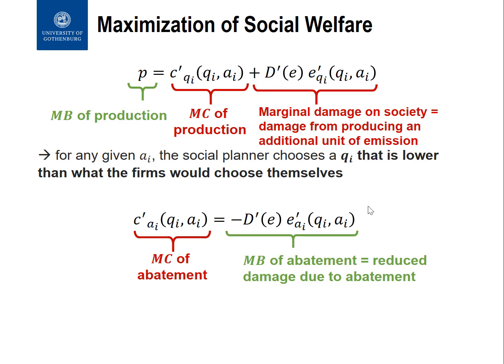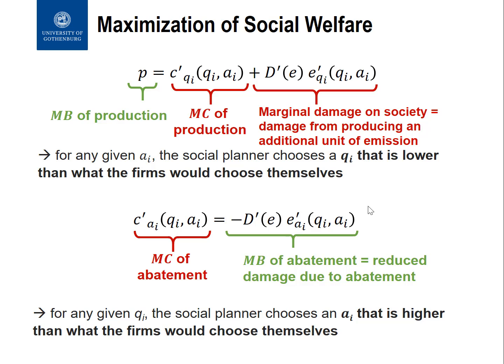But now, clearly, we have a positive benefit because society benefits from less emissions. So all this means that for any given level of production Q_i, the social planner chooses an abatement level A_i that is higher than what the firms would choose themselves.